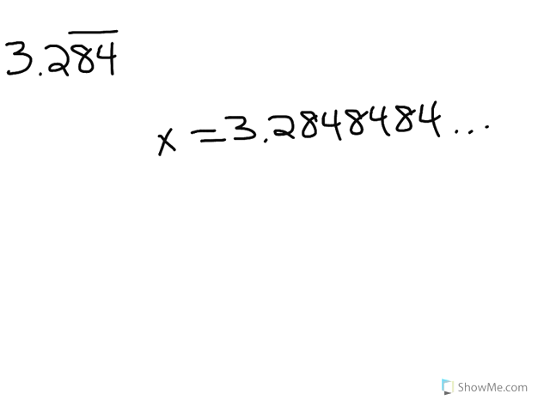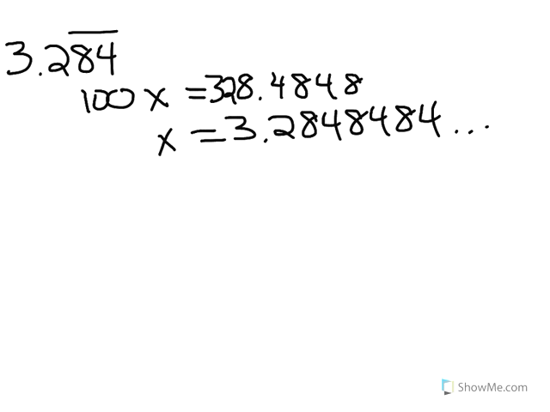We're going to multiply each side of this equation by 100 and put the result in the first line. 100 times x on the left side, and 328.4848484 forever is 100 times 3.2848484 forever.